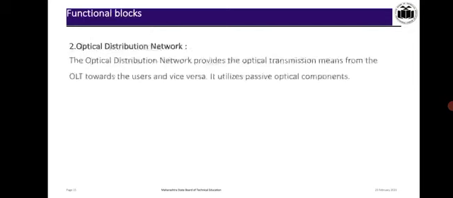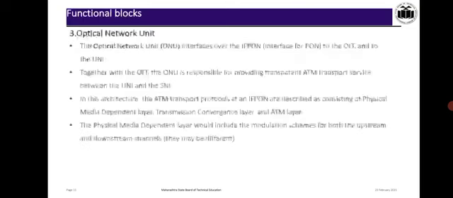The second block is the optical distribution network. It provides the optical transmission from OLT towards the user and vice versa. It utilizes passive optical components. The third important block is the ONU. The ONU interfaces over the IF PON, that is the interface for PON, to the OLT and the UNI.